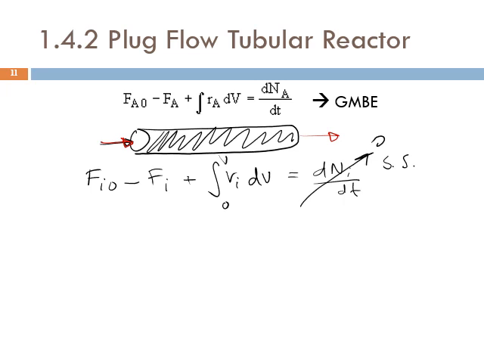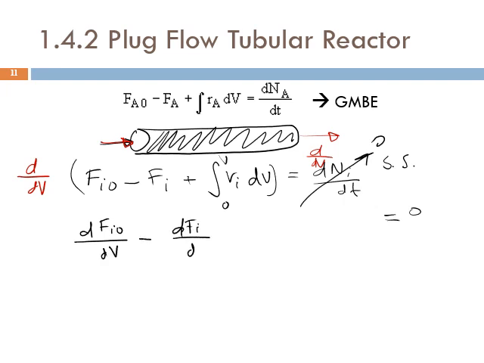And now let's take the derivative with respect to volume. So d over dV for the left hand side, the same thing d over dV for the right hand side. The right hand side is very easy, it's 0, right? The derivative of 0 is 0, and for the left side we have dFi naught by dV minus dFi by dV plus, let's see what we have here.